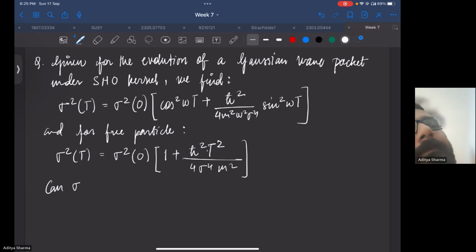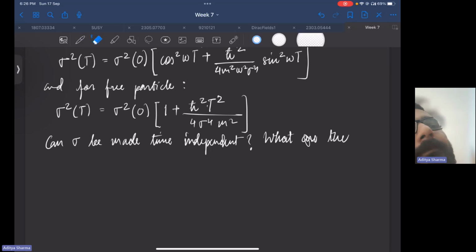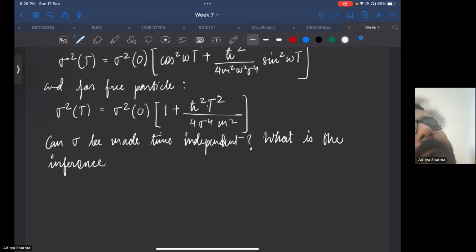can sigma remain time independent? And what is the inference for such a case?